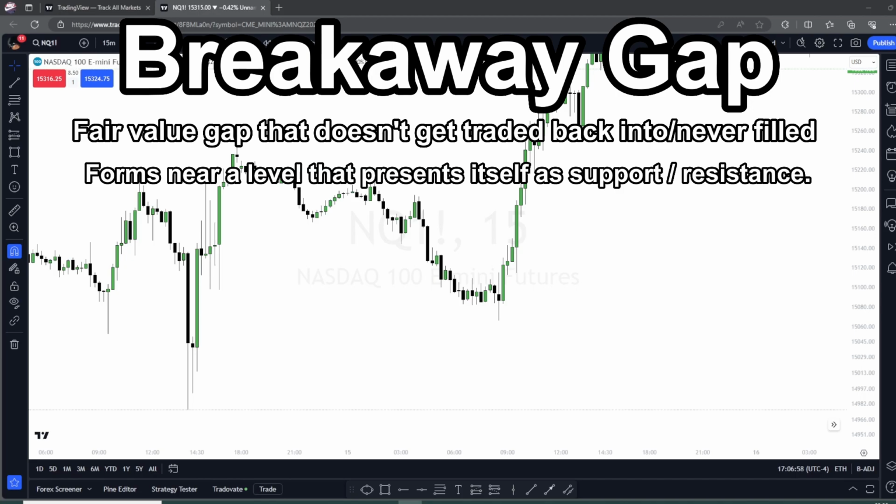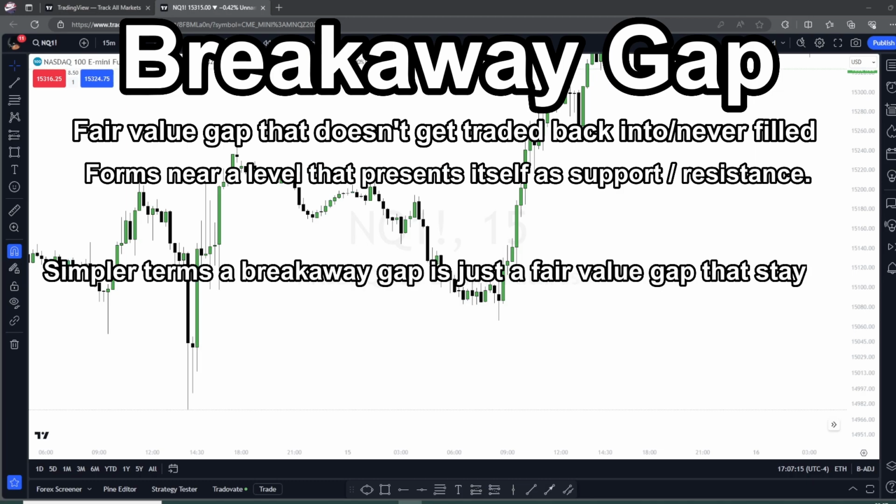That's discount. And the move that happens away from whatever PD array you established typically leaves behind a breakaway gap. It's going to make more sense the further we get into the video.